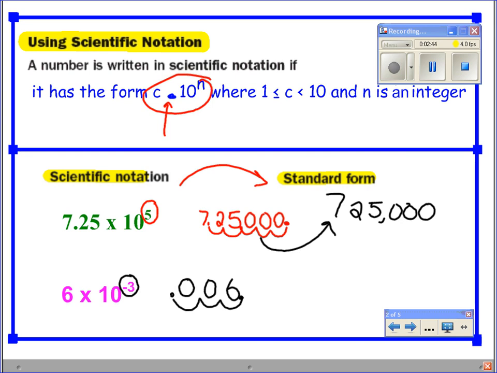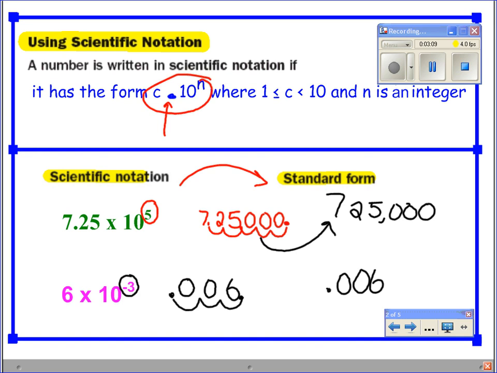Fill in the zeros for your placeholder, and make sure you draw or rewrite the decimal point. So in standard form, it's really 0.006. So there's 2 examples using the definition and changing from scientific notation to standard form. Okay, hopefully that makes sense.